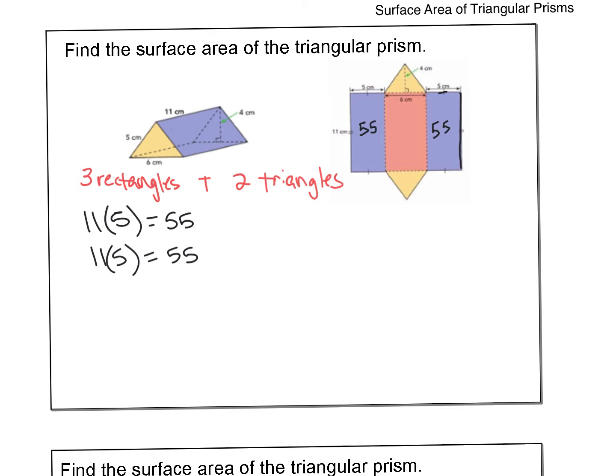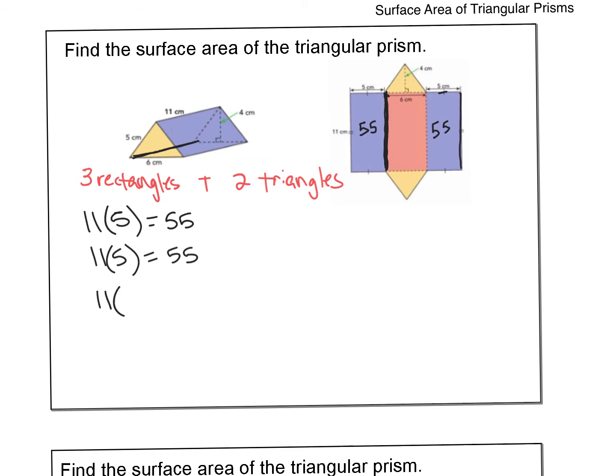All right, so now we've got one more rectangle to find, and it's this red rectangle right here, which also happens to be the bottom of the prism. We can see from this picture and from this one over here that this line that I just colored in black is also 11, the same as the purple.